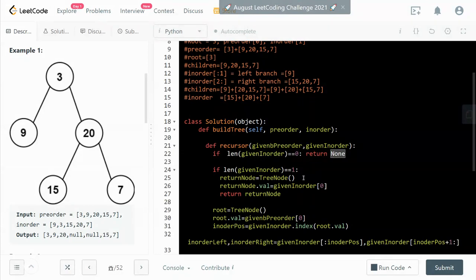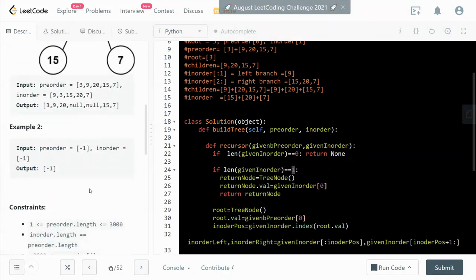It's going to return None because there's nothing in it, so we don't need to construct any node. However, if the length of the given in-order or pre-order, it doesn't matter, I'll just pick one, is equal to 1, that means we are only given a list that contains a single number.